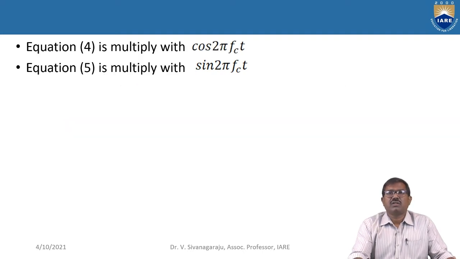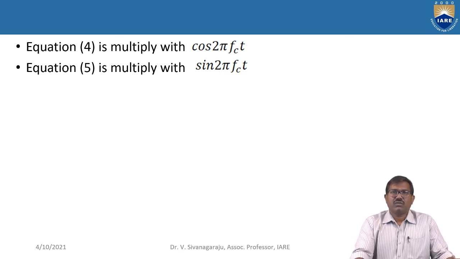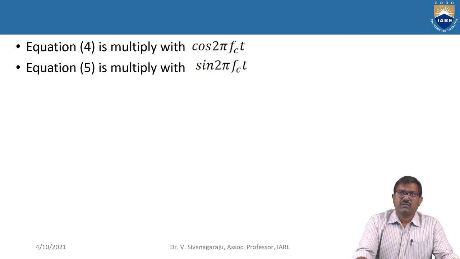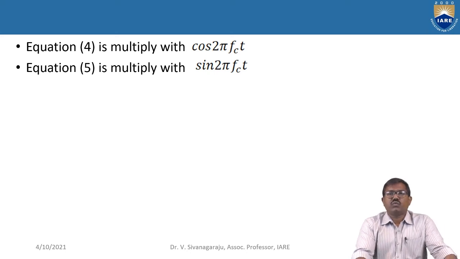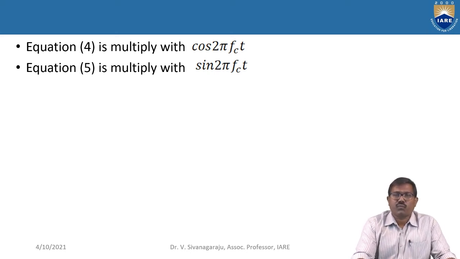For this elimination, we are going to multiply equation 4 with cos 2 pi f c t, and equation 5 with sin 2 pi f c t. So cos 2 pi f c t is multiplied with equation 4.